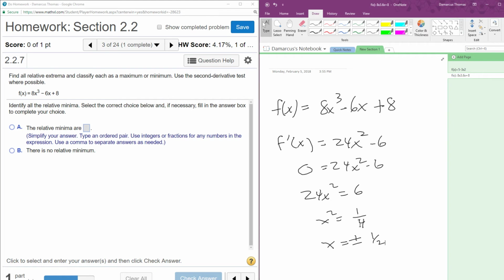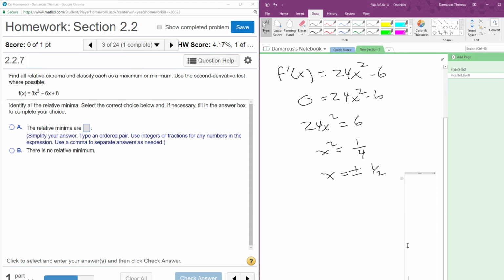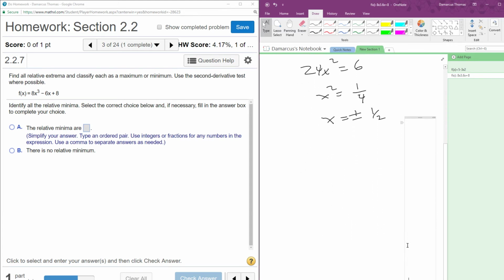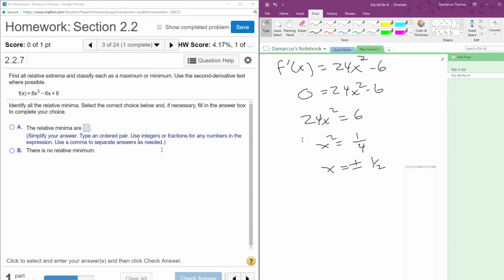Now the question is, is there a max and min at those values? Well, one way to test is to use the second derivative test. Plug plus or minus 1/2 into the second derivative. Well, we don't even know the second derivative yet, so we've got to find the second derivative and see what happens.